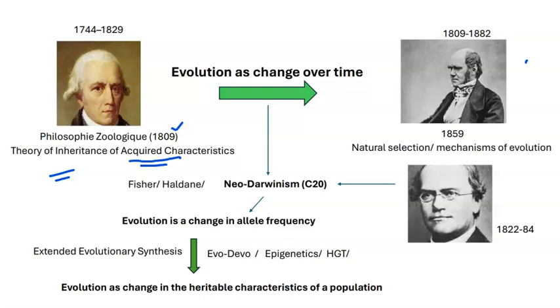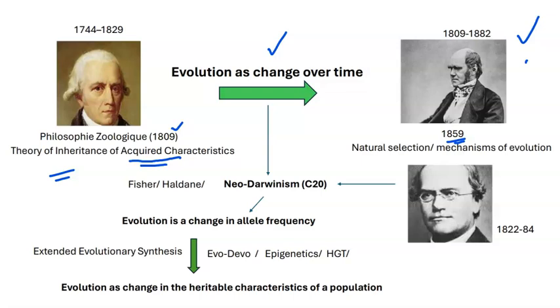Now, this evolution as change over time became modified in 1859 when there was the publication of The Origin of Species by Charles Darwin, pictured here. So this is a 19th century contribution.